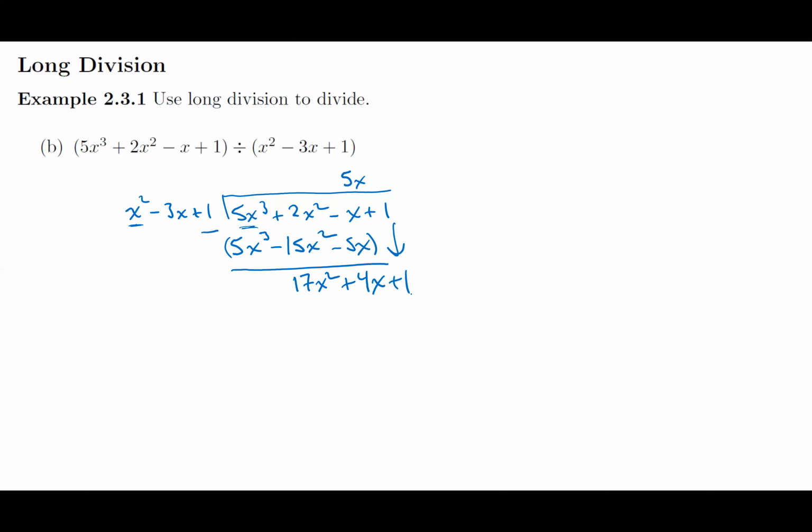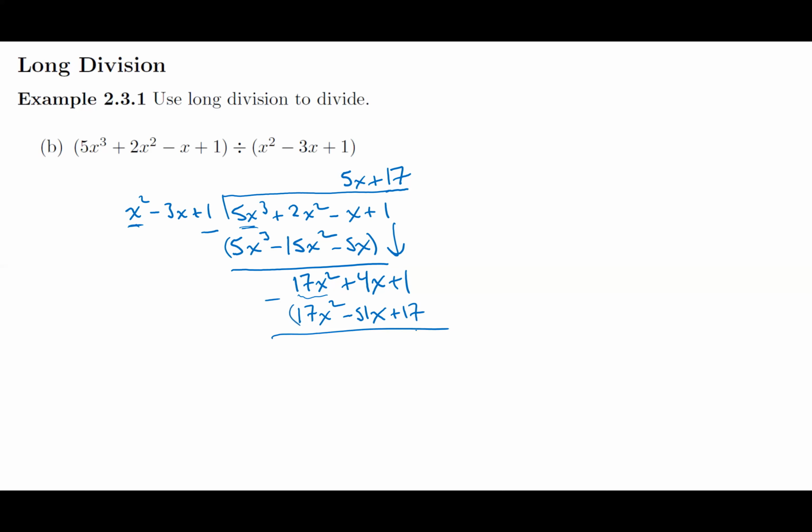And so now I've got a 17x squared and an x squared. So I'm going to multiply by 17, so plus 17. And then 17 times negative 3, negative 51x. And then plus 17.